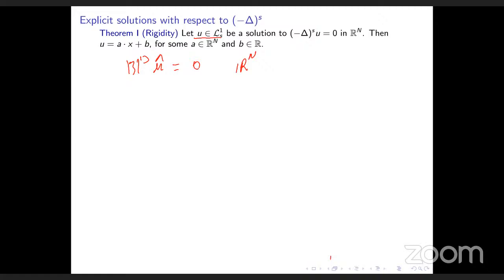Which means the support of û is at 0. This is a formal proof, and from this it follows that in fact u is a polynomial.